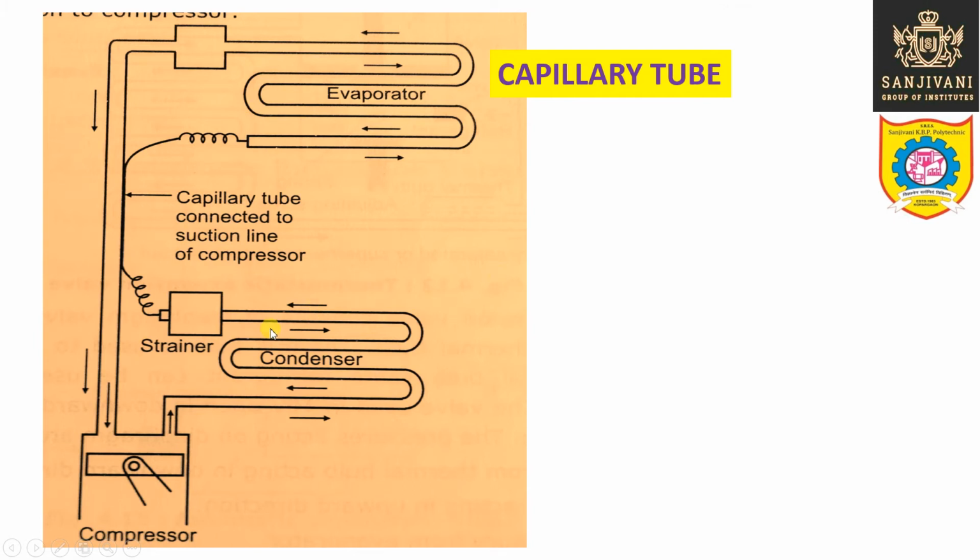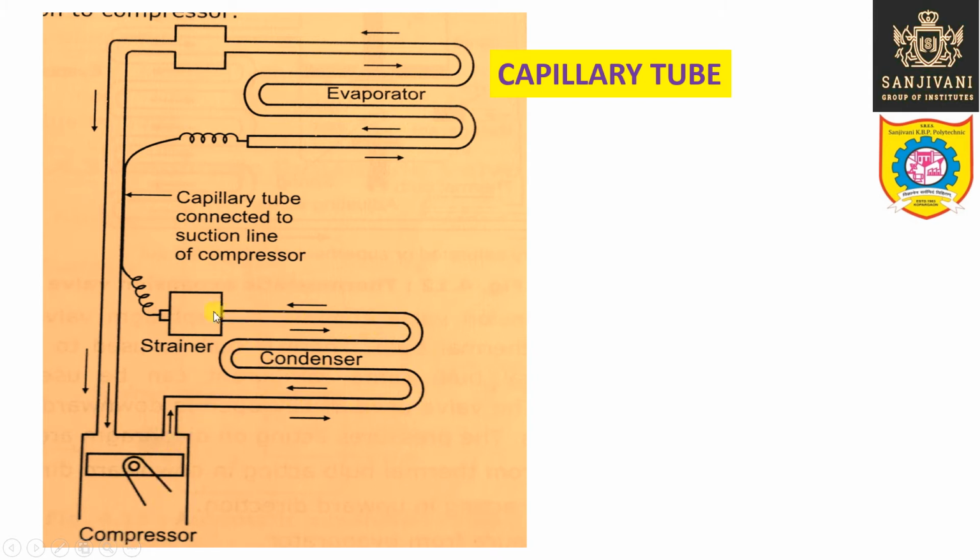This picture is also regarding the capillary tube, but here in addition to the capillary tube, the various components of the vapor compression system are also shown. This is the compressor, where the refrigerant gets compressed. Sorry, the refrigerant from the compressor will go to the condenser.